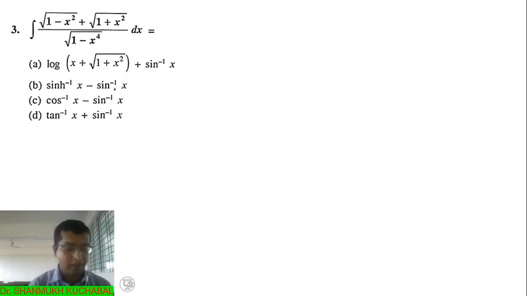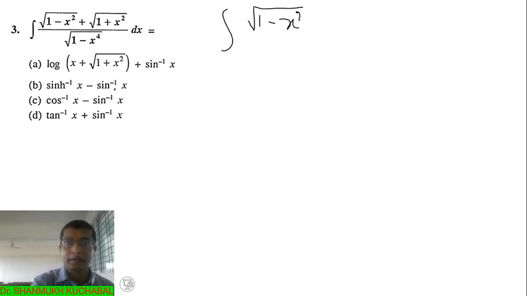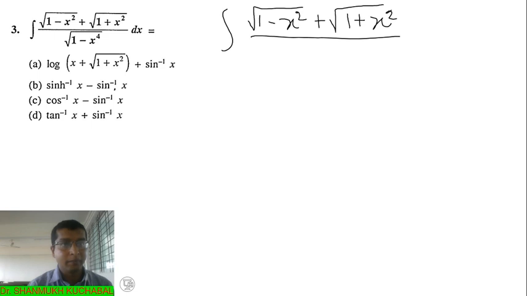Further, example number 3. The numerator is integration of the square root of 1 minus x square plus the square root of 1 plus x square, divided by the square root of 1 minus x raised to 4.